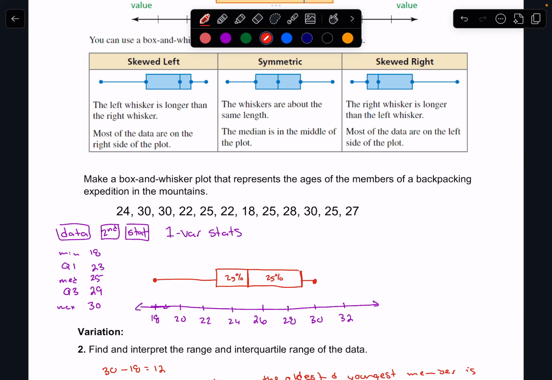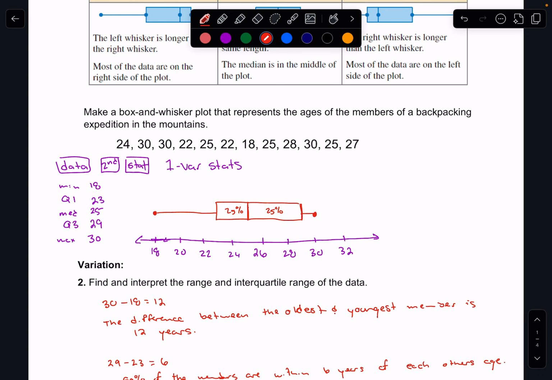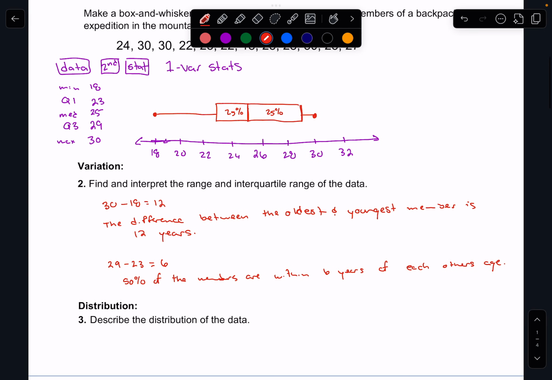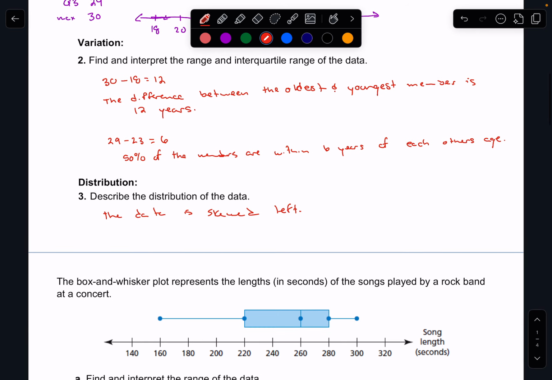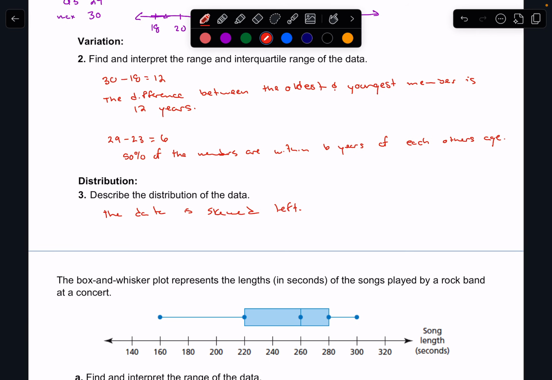It looks like most of the data is above 25 instead of below 25. So you would say that the data is skewed left. Right? If it was centered, we would say it was symmetric, but it's skewed to the left.